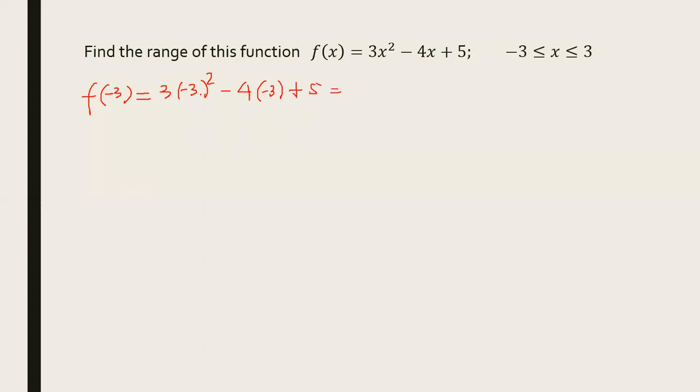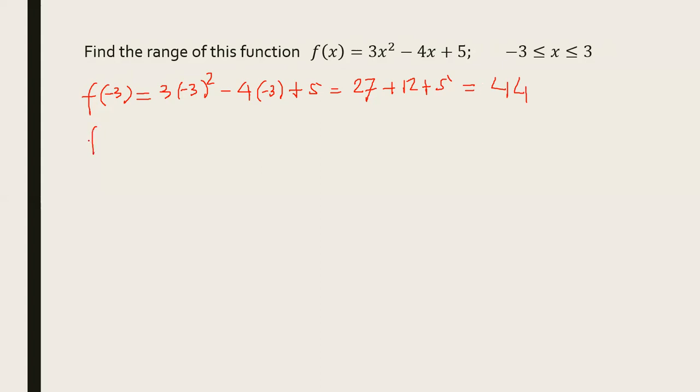Equal 27 plus 12 plus 5. 27 plus 17 equals 44.